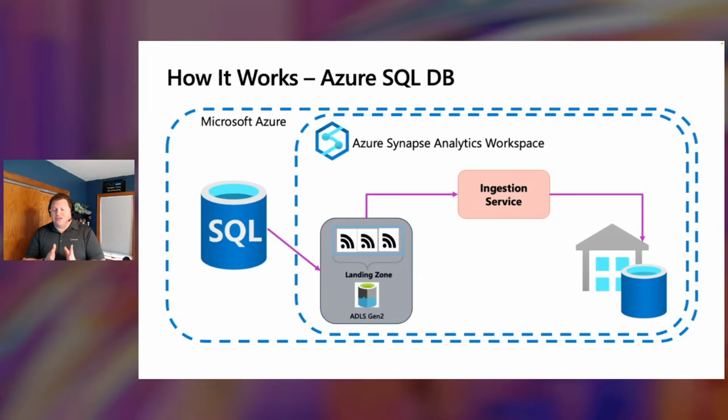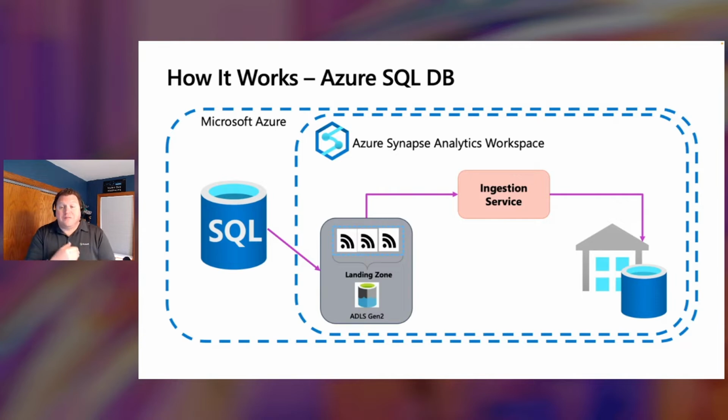Once that initial setup has been done, now we are monitoring for changes as they happen in this data. So if you insert a row, if you delete a row, if you update a row, if you do that on batches of rows, we bring that information into the landing zone, and the ingestion service applies those updates to the dedicated SQL pool in your Synapse workspace.